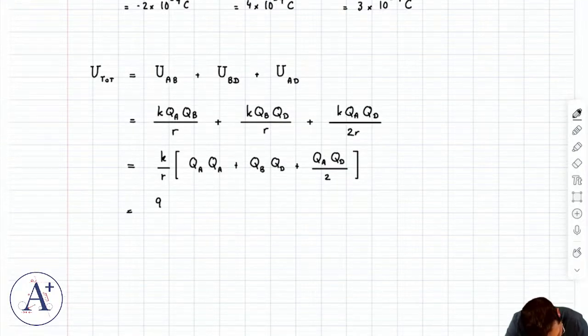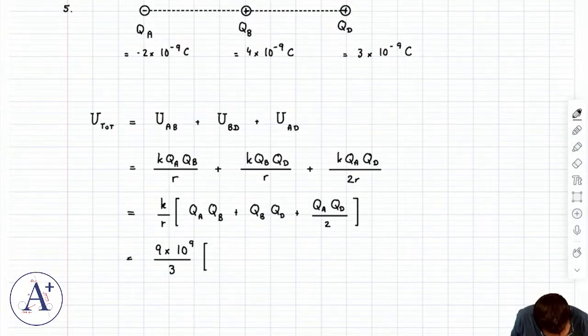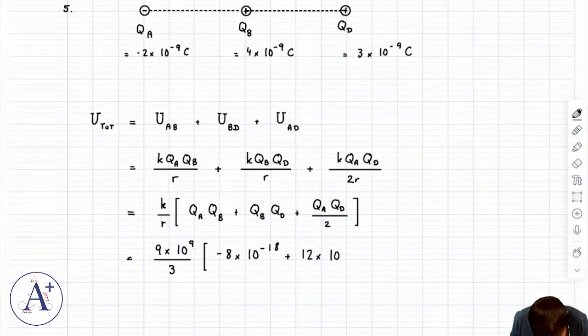All right, that's going to be 9 times 10 to the 9, divided by R, which is 3, by the way, times, this should be QB, my bad, QA, QB. So that's QA, QB is minus 2 times 4 is minus 8, 10 to the negative 18, plus B times D is going to be 12, 10 to the negative 18, and then minus 6, 10 to the negative 18.